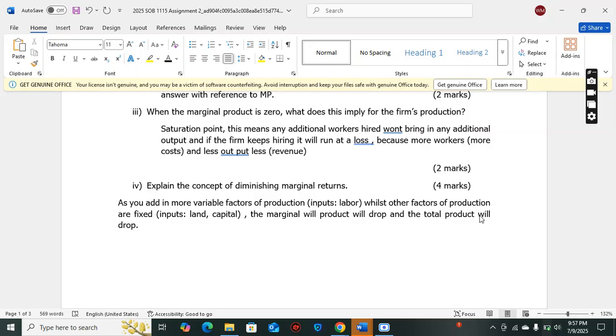So that's the law of diminishing marginal returns, colleagues. You know what English to put.